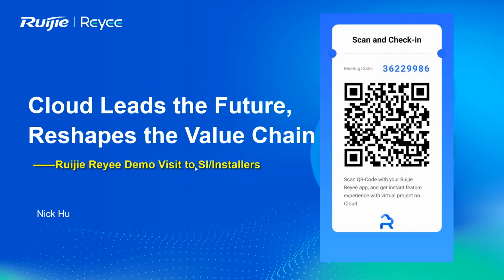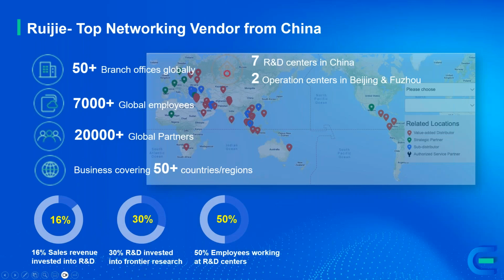Okay, I think we can start now. So first of all, let me introduce you to REYEE. Who are we and when did we start? REYEE is a Chinese multinational company with the principal goal of simplifying networking, and we provide tools and solutions to change network accessibility and configuration.